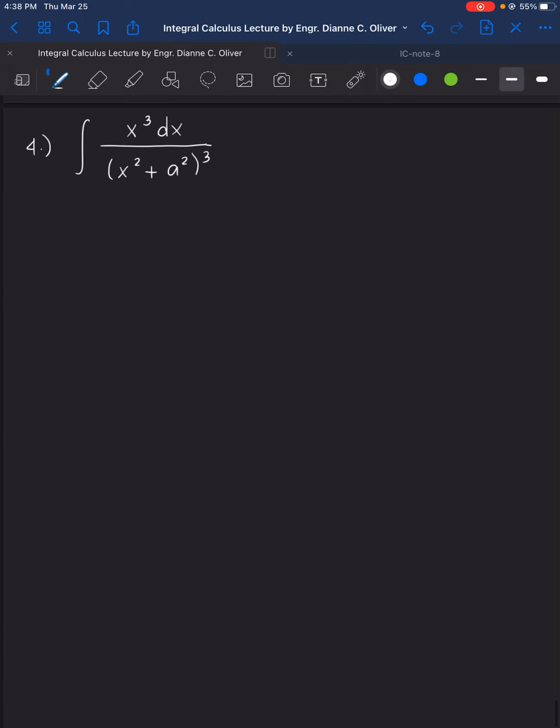Let's go to the last example, number 4. Now, this number 4 can actually have more than one solution, but they always arrive at the same answer if you've done it properly. So, let's show here solution number 1. For solution number 1, I will let u be the more complicated one, x squared plus a squared raised to 3.